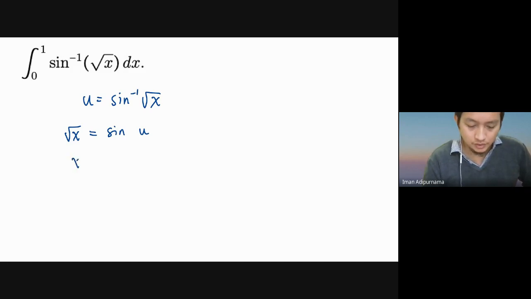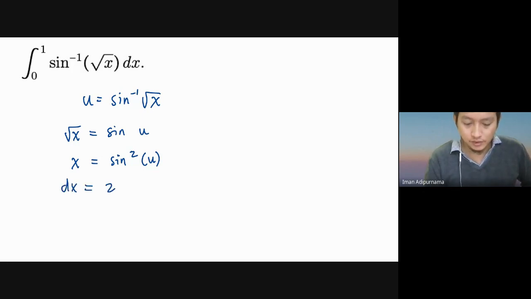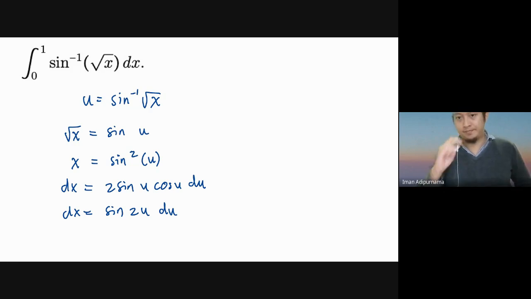Or even in these terms, we can have x is sine squared of u, right? And now the dx becomes 2 sine u cos u du. Or remember that we can also change to double angle, sine 2u du. Okay?